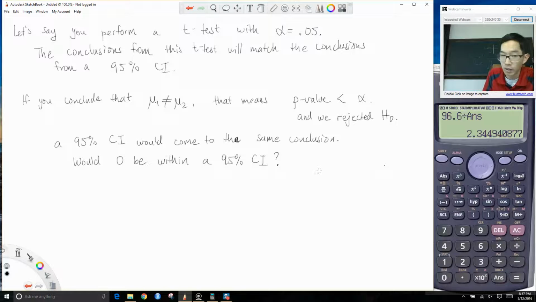The answer here would be no. 0 would be outside because we would come to the same conclusion, which leads us to the conclusion that mu1 is different from mu2.